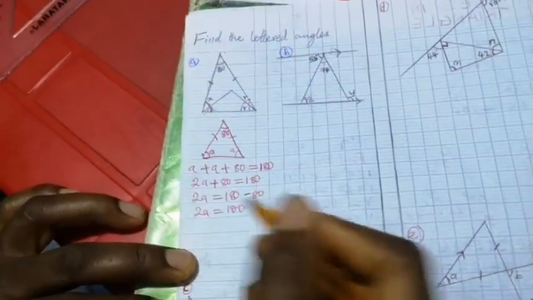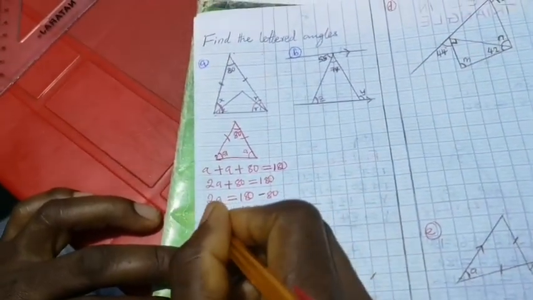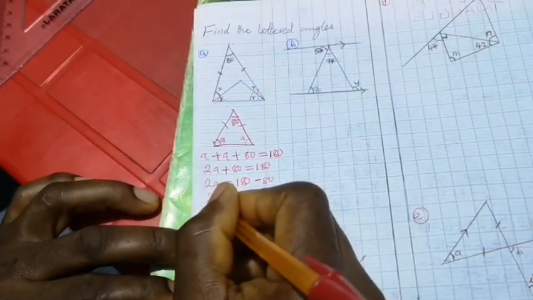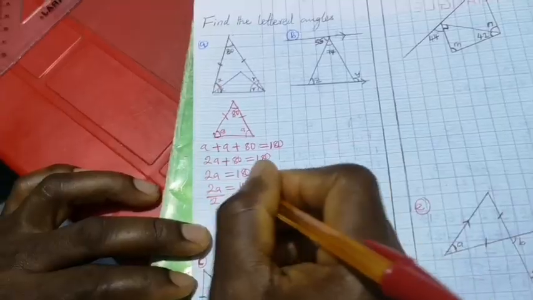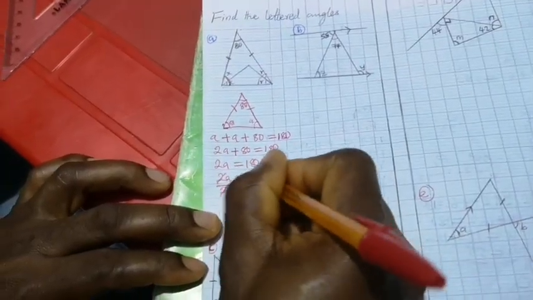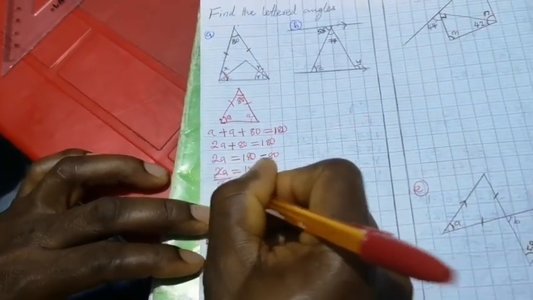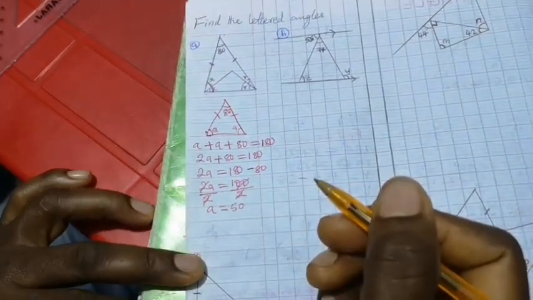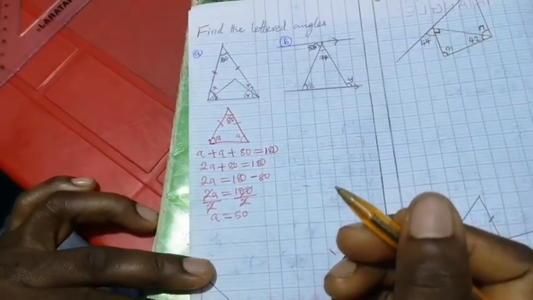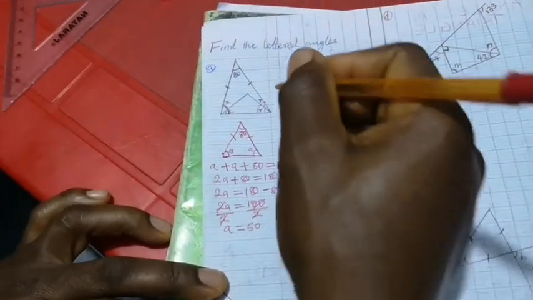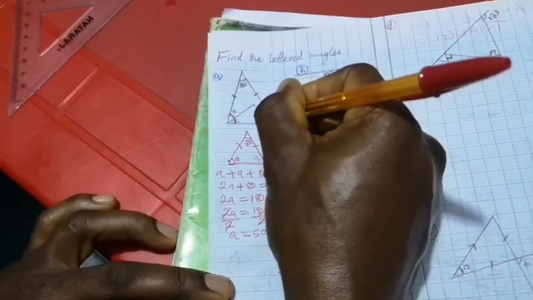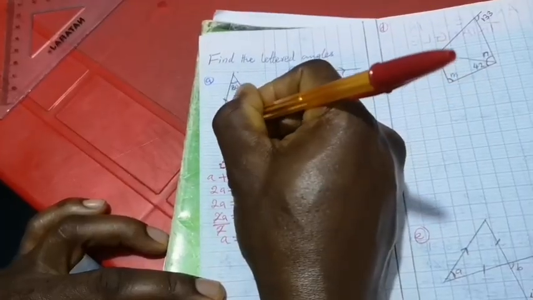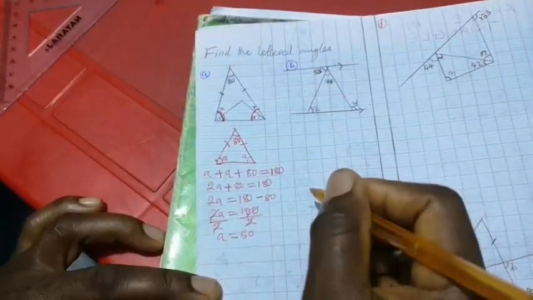Okay, now for us to find A alone, we have to divide both sides by 2. So 2 here, 2 here, so that A is now equal to 50. Okay, so we have found here to be 50. We have equally found here to be 50 because they are the same thing.